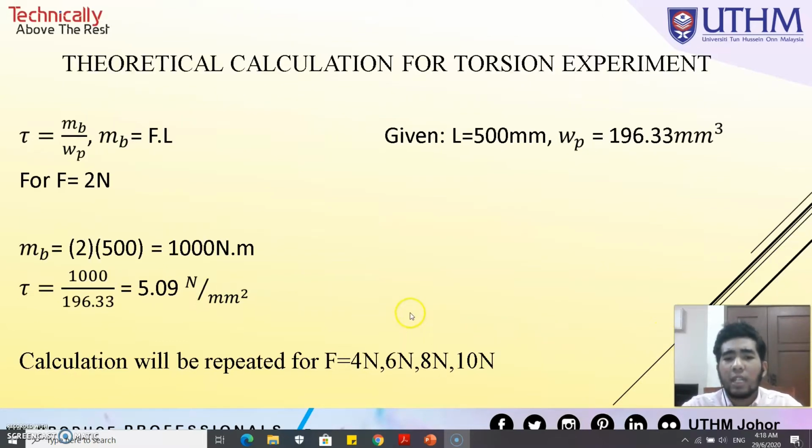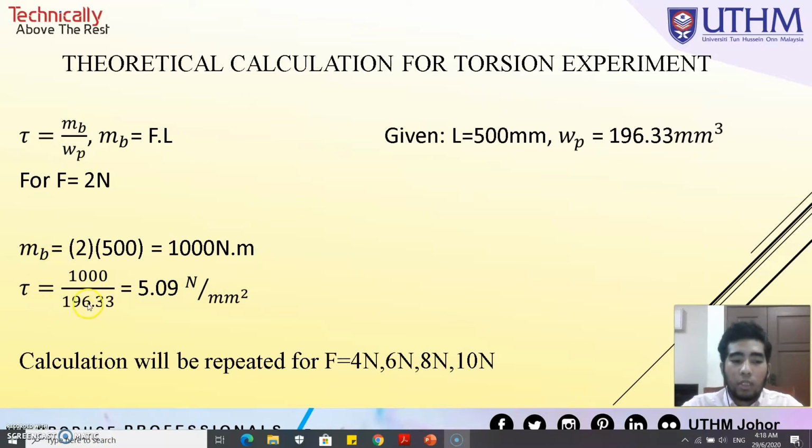Then we move on to the last calculation, which is the theoretical calculation for the torsion experiment. We want to find the tau. This is the formula, and it was given that the length is 500 mm and the second moment of inertia is 196.33 mm cube. For force equal to 2 Newton, you can get the MB equal to 1000 Newton meter.